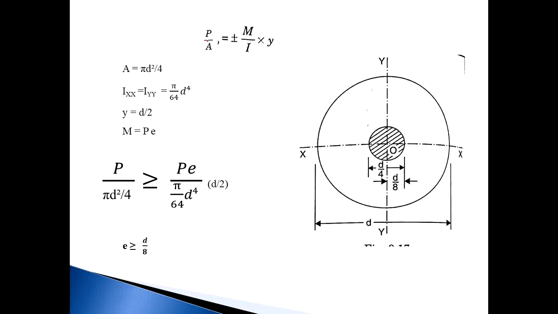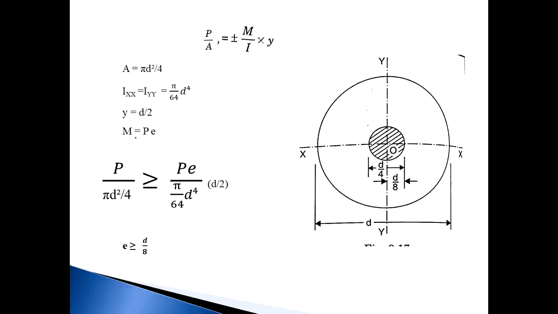Now for the circular section, the area becomes pi by 4 d square and the moment of inertia for both axes is the same, that is Ixx is equal to Iyy is equal to pi by 64 d raised to 4, and y becomes d by 2.